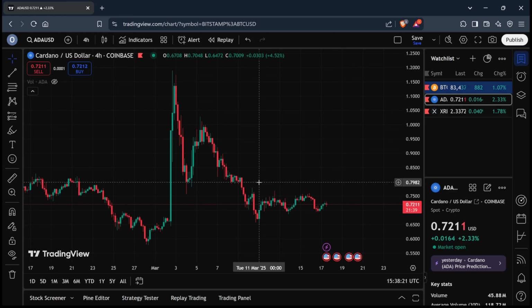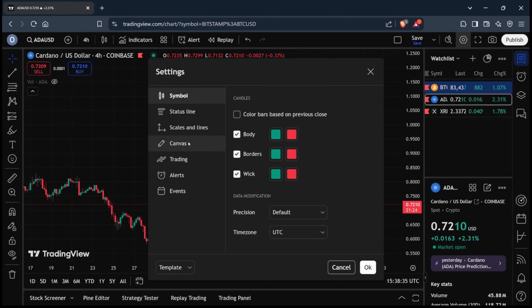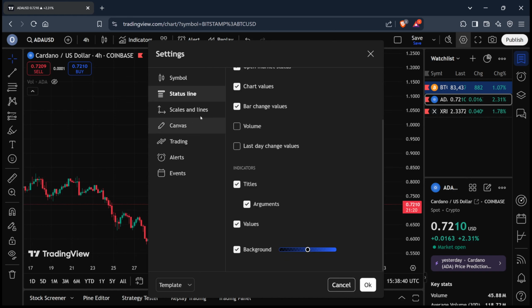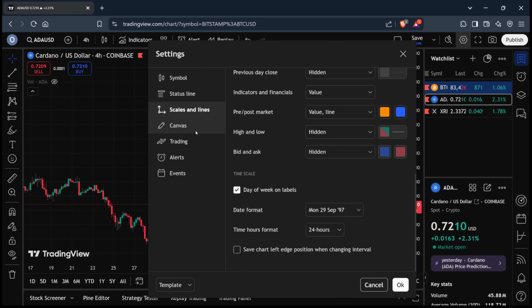Another thing I would like to bring your attention to is these little dots right here. If you want to keep these, that's fine. These are economic events. I don't particularly care for those. So if you right click anywhere on your chart, you go down to settings, and let's see, where is it? Status line, no. Scales and lines, I don't think it's here.